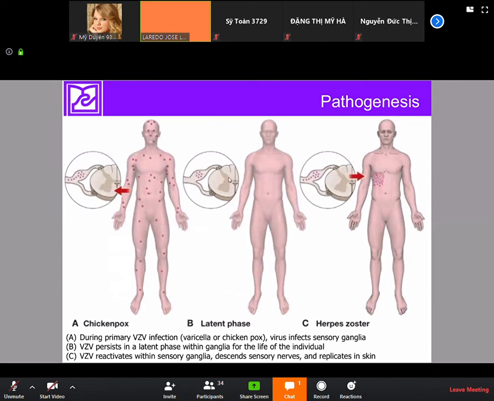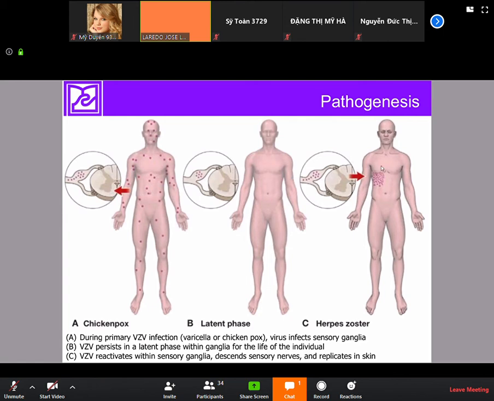So look, primary disease, varicella, chickenpox, in the whole body, itchy. After a few days, the child recovers. So the virus goes traveling through the nerve and stays latent in the ganglion, but only some. For many years, sometimes forever.